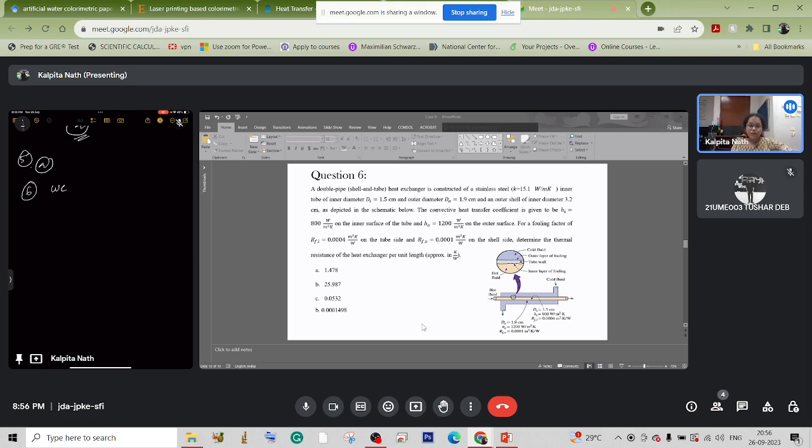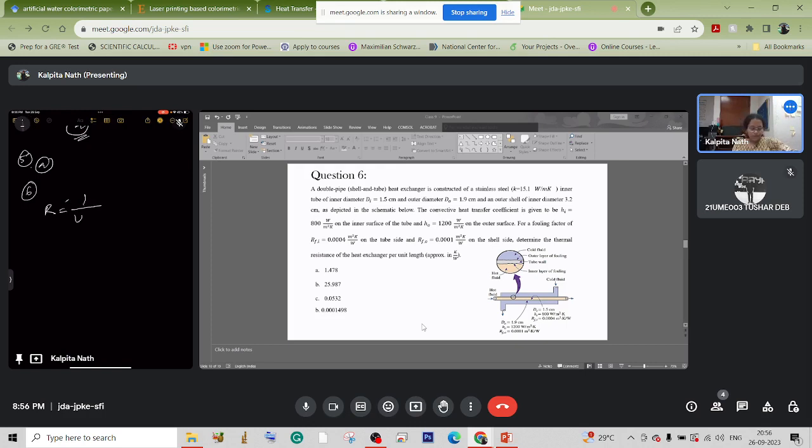Okay, so first of all, we'll assume that the heat transfer coefficient and fouling factors are constant and uniform. So the thermal resistance of an unfinned shell and tube heat exchanger with fouling on both sides of the heat transfer surfaces, we can easily calculate in the following way.